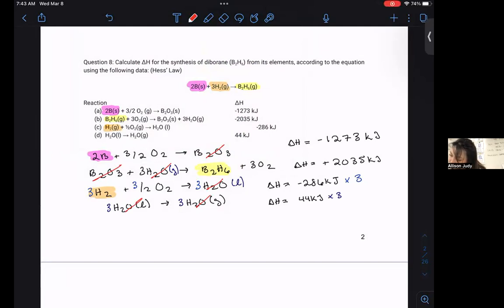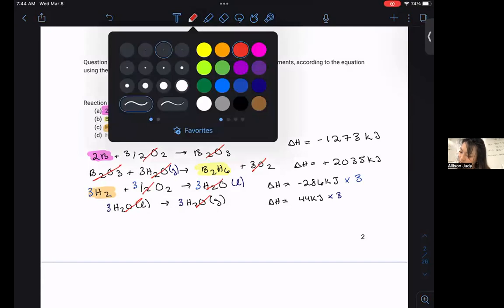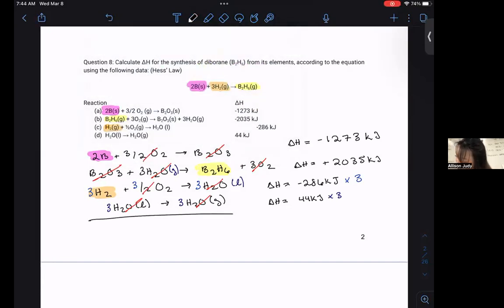And now what I'm left with is 3 halves O2 on the reactant side, which is 1.5 plus 1.5, 3 O2s on the reactant side that cancel out with my 3 O2 on the product. And then it becomes that my net reaction of 2B plus 3H2 goes to or produces B2H6 is indeed created.